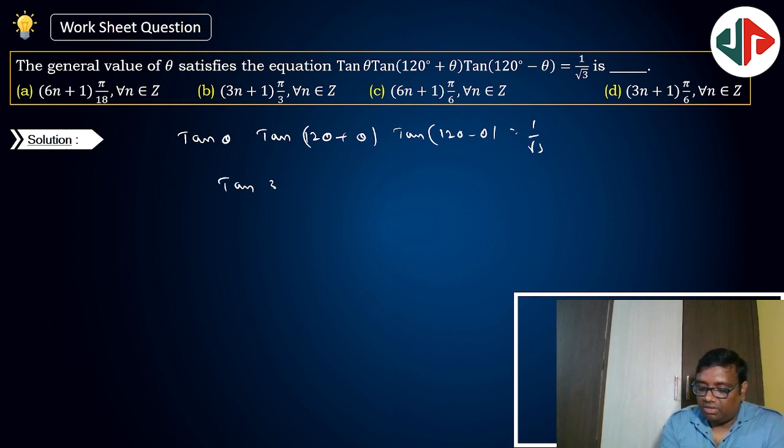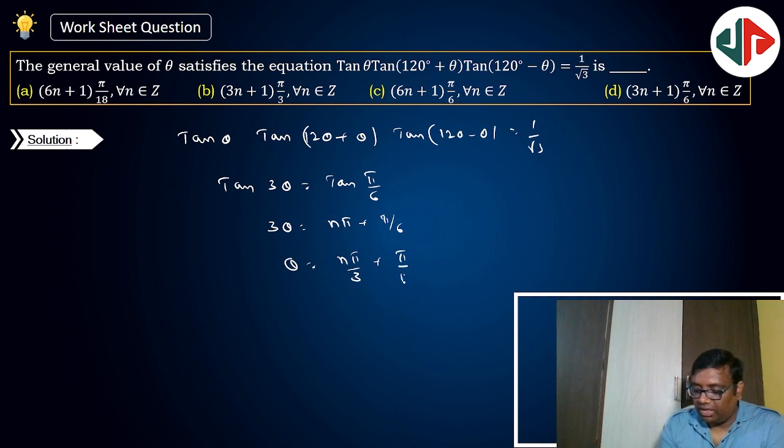Tan 3 theta is equal to tan pi by 6. So 3 theta is equal to n pi plus pi by 6. So theta is equal to n pi by 3 plus pi by 18. So this value is 6n plus 1 times pi by 18.